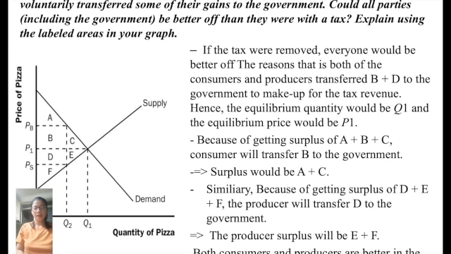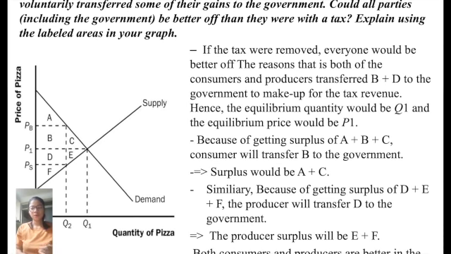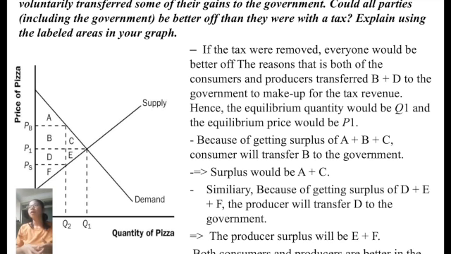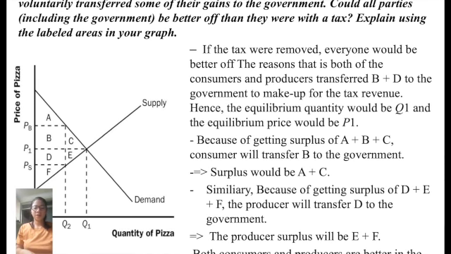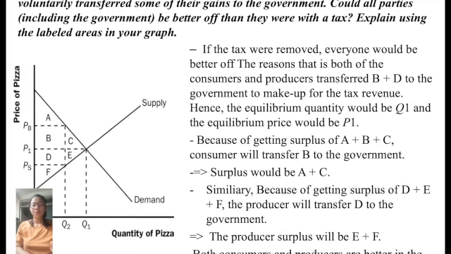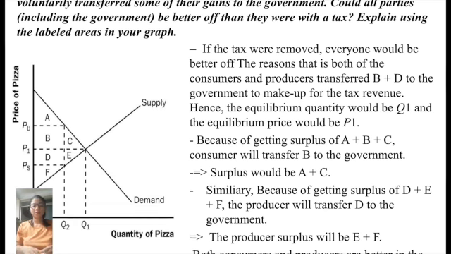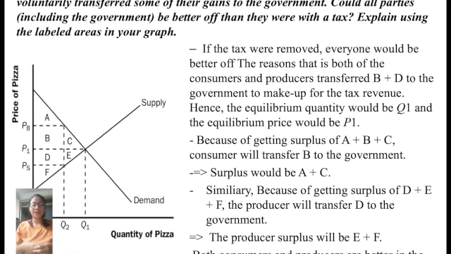But if the consumer and producer give just a little bit more to the government, then all three parties will get better off in this case, the case without tax.